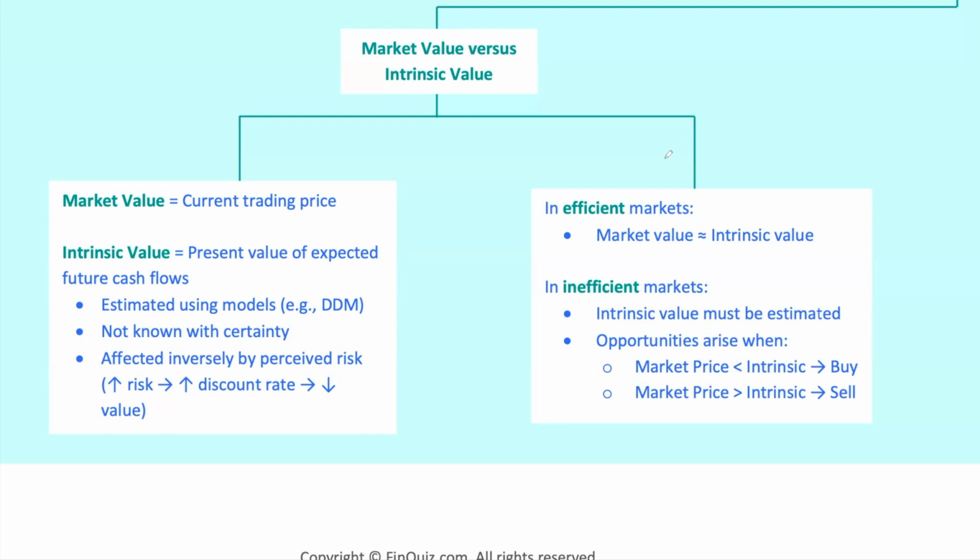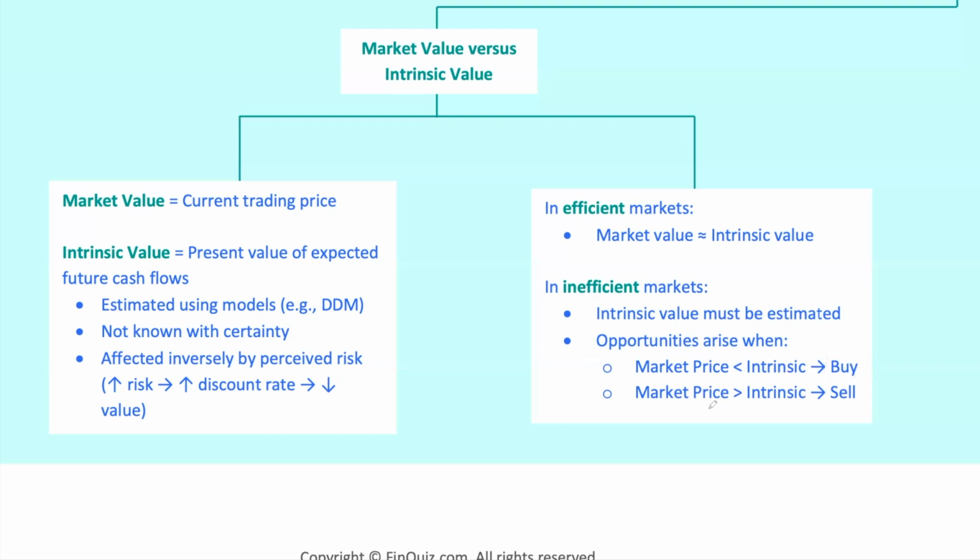People disagree. Now, if the market is super efficient, guess what? Market value is equal to intrinsic value, more or less. But if there's a disconnect, maybe the market value is below what you think it's worth, that's when an opportunity pops up. You might decide, hey, this stock's undervalued, time to buy.